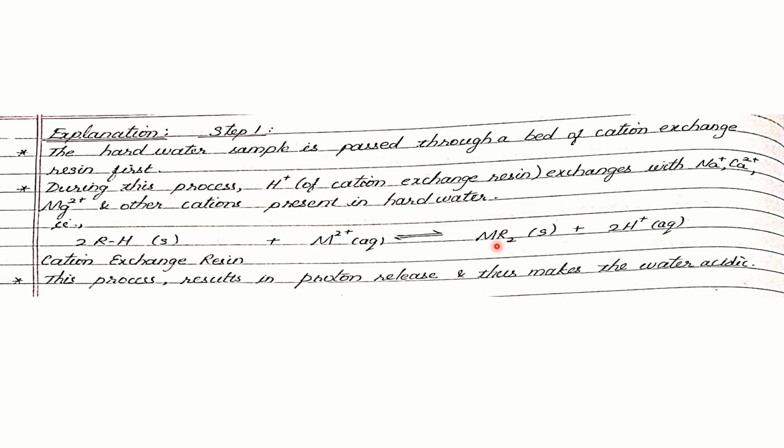Now, the exchange of H+ ions with other cations present in the hard water sample results in the release of H+ ions into the water that comes out of the cation exchange resin bed. Thus, the water that comes out of the cation exchange resin bed is now acidic in nature.